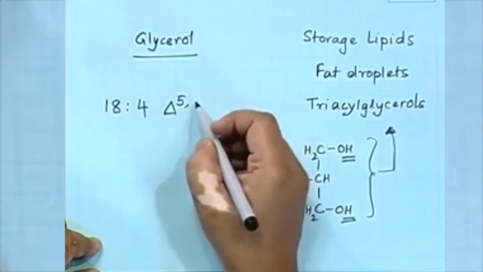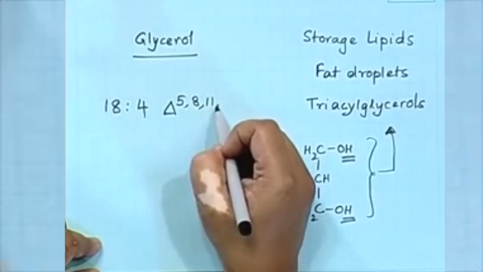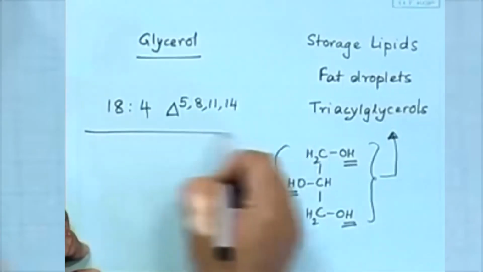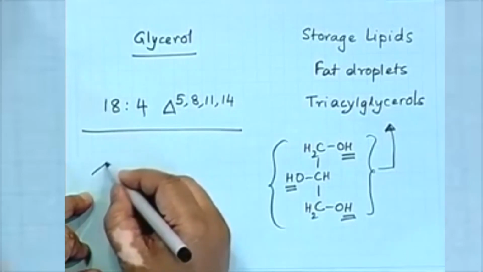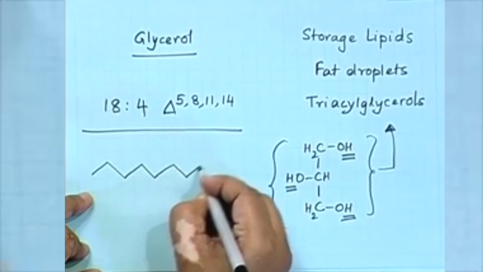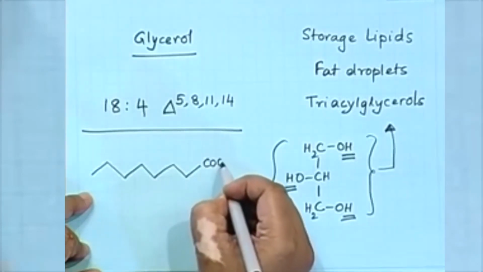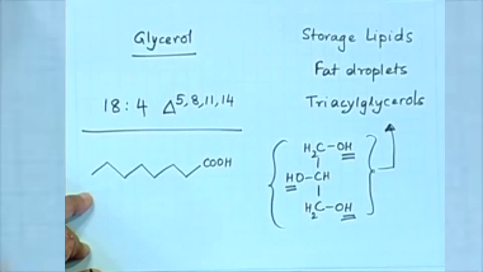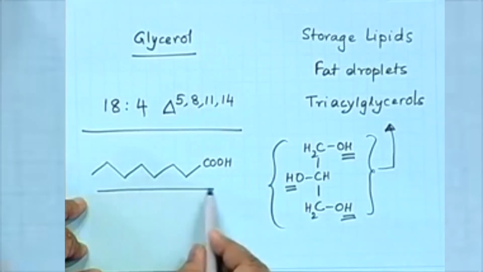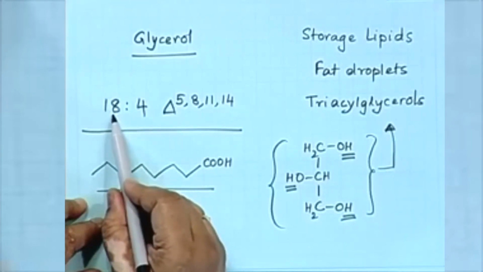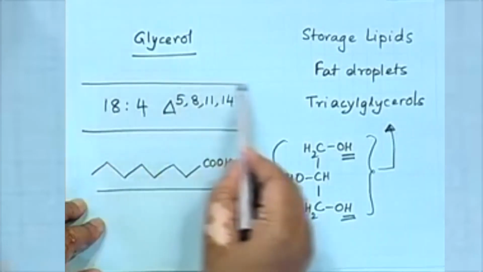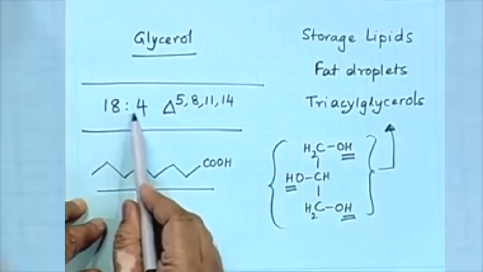delta 5, 8, 11, 14, we know how we can write this. Okay? We have normally a long carbon chain where we have the COOH attached in a normal fatty acid. Okay? When we have a nomenclature in the delta designation, we have 18:4.